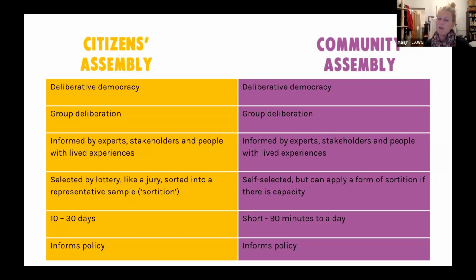So with stakeholders, what we tend to mean is groups who have an interest in the outcome of the assembly. So for example, if you were to do something about cycle lanes in your local borough, then you would probably have quite an active cyclist group who would be a stakeholder, but also the anti-group, so the pro-car group, for example, they tend to get quite upset about cycle lanes.